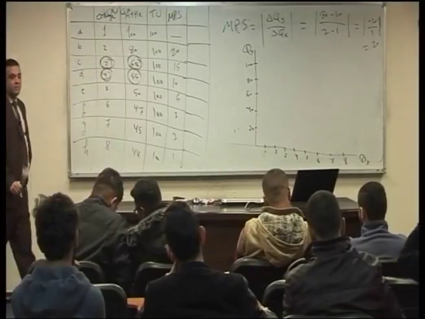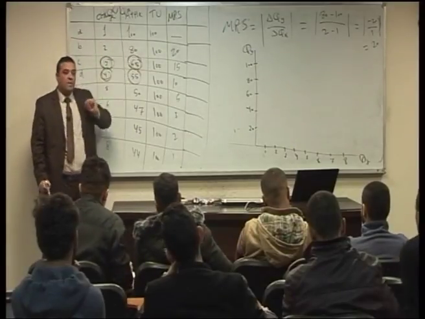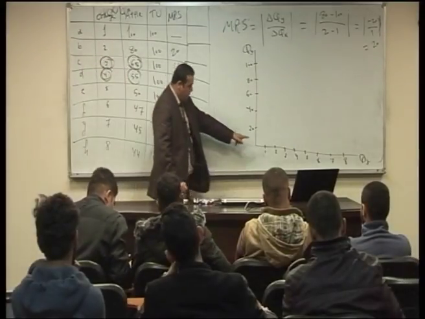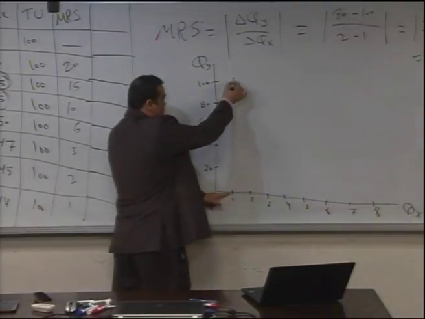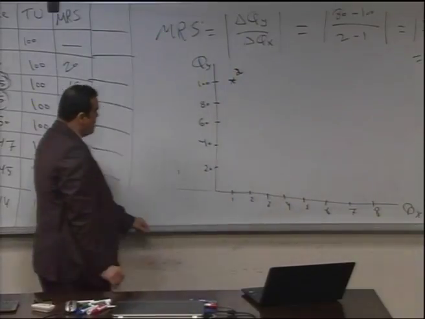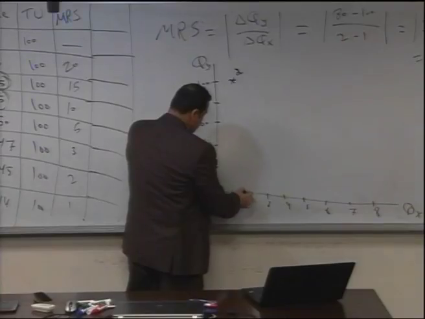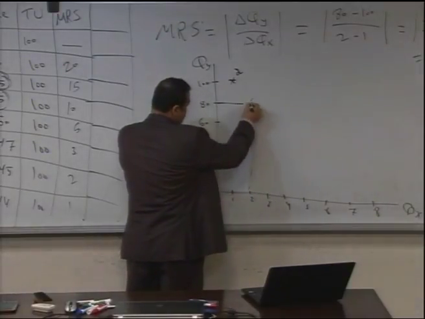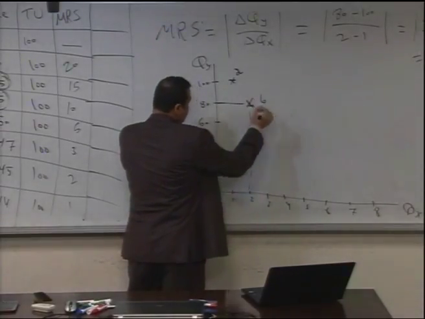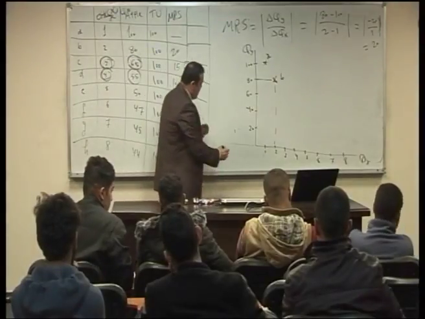The first point, A, is 1 and 100. Point B is 2 and 80. Point C is 3 and 65.